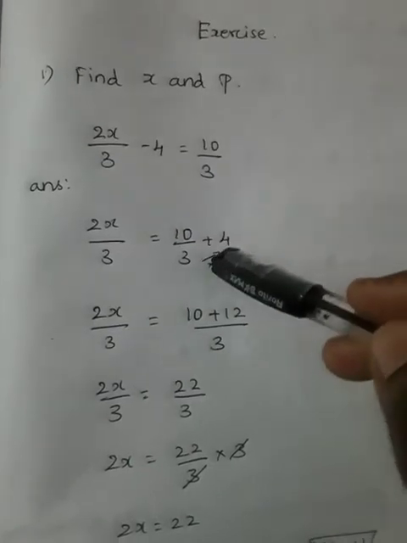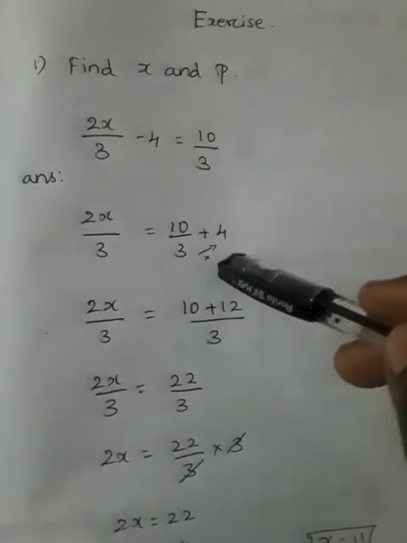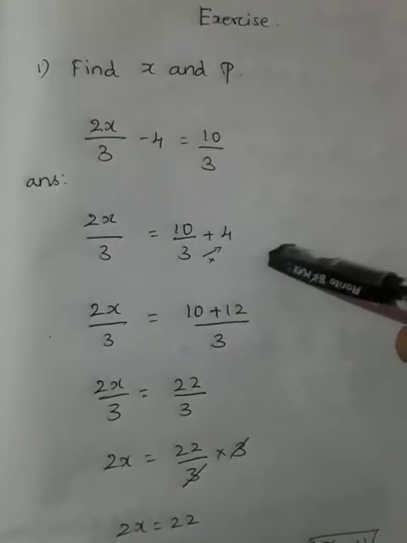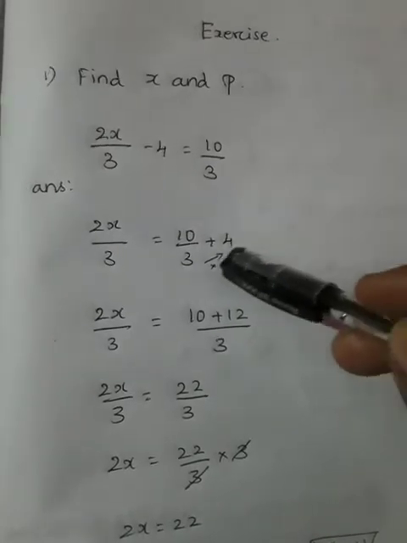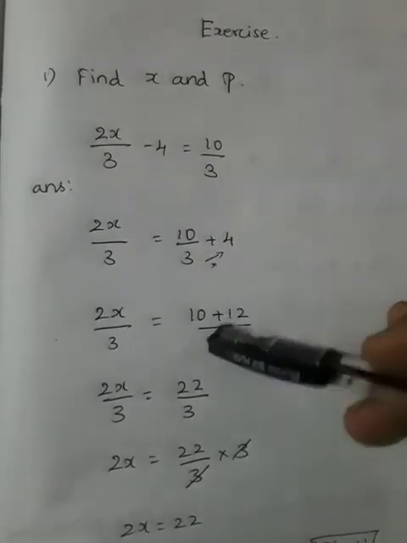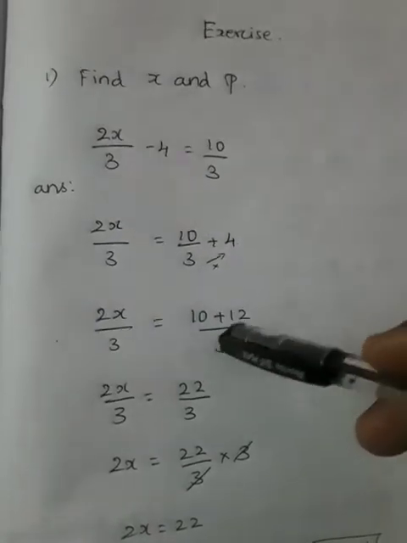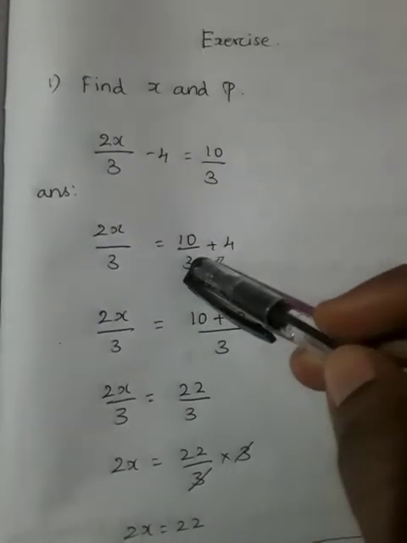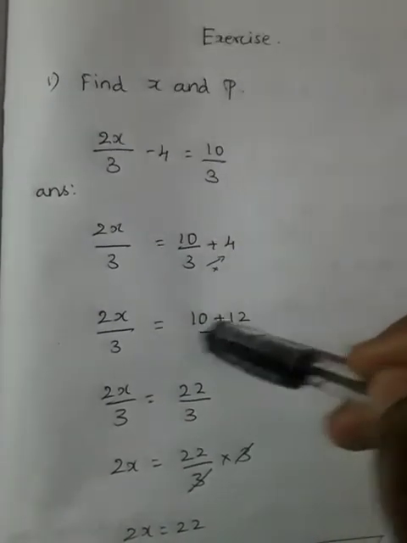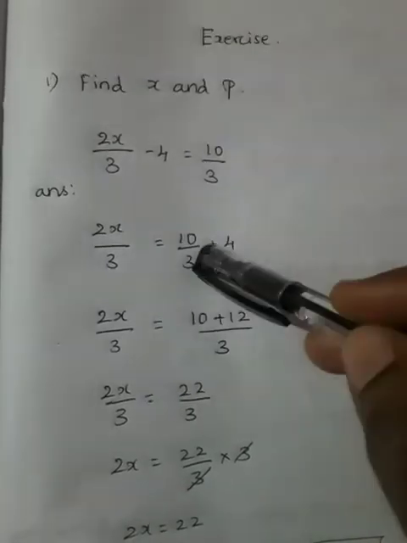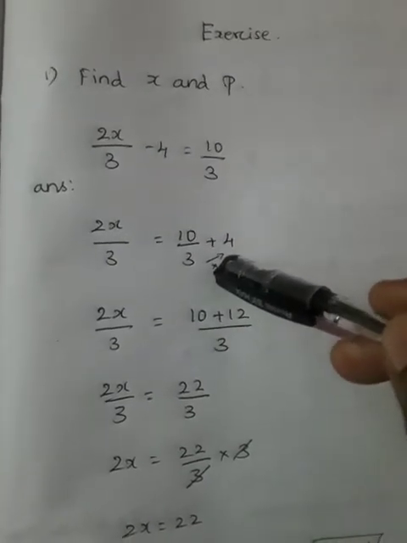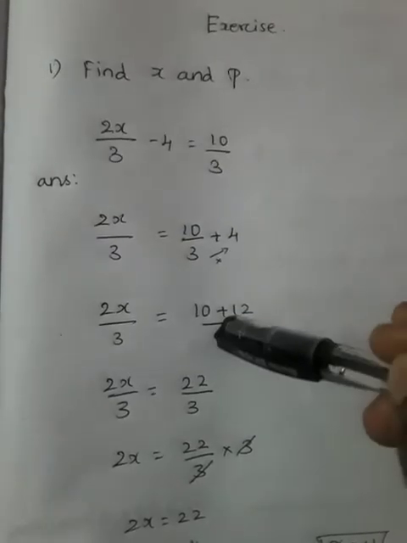We consider the 4 as 4 by 1. If you want to change the denominator 1 to 3, you multiply by 3. So 4 3s are 12, then 3 1s are 3. The 3 is common because we multiplied with 3, so we can write it as the common denominator.